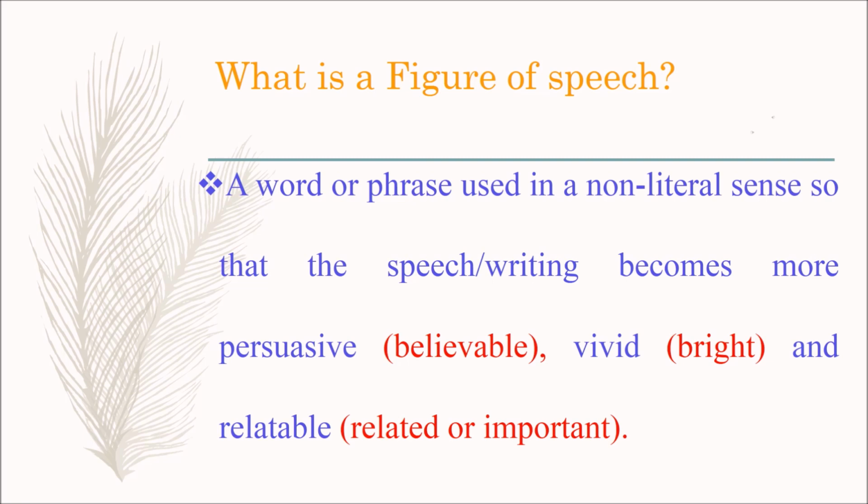Here, persuasive means believable, vivid means bright, relatable means related or important. So, what is a figure of speech? A word or phrase used in a non-literal sense so that the speech or writing becomes more believable, bright and relatable, which means related or important.